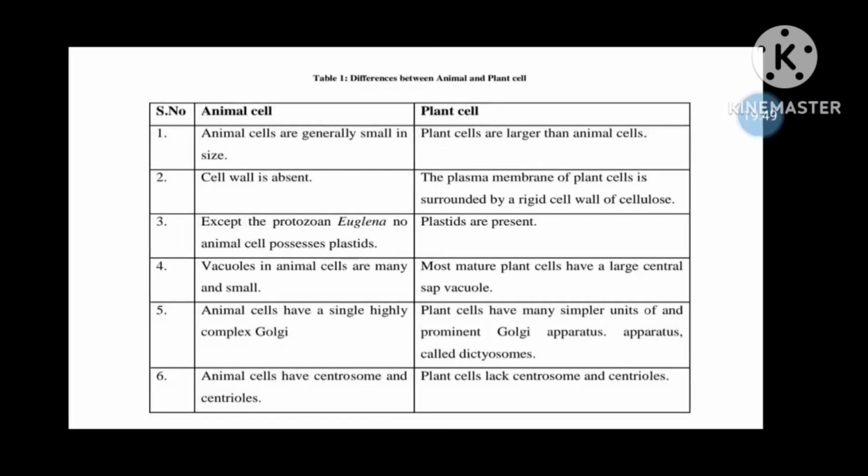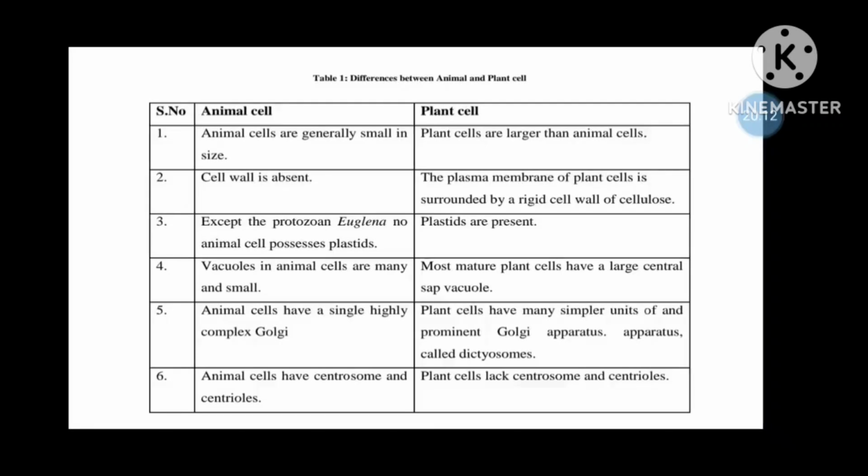But the cell membrane present in the animal cell is selectively permeable. It means the cell membrane does not allow all molecules to cross through it, but the cell wall allows all the particles to pass through it.